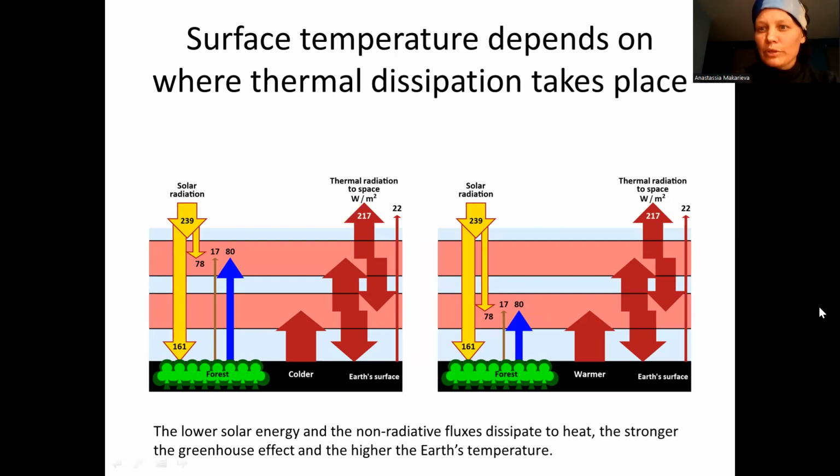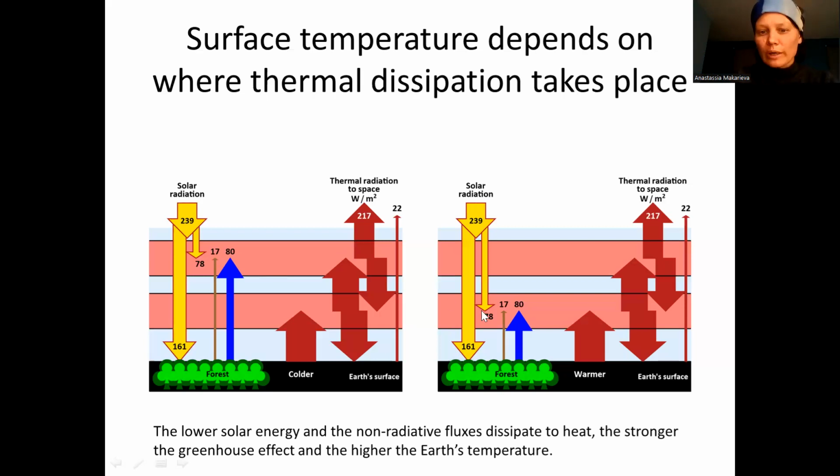the surface temperature depends on where this thermal dissipation takes place. Thermal dissipation of what? Thermal dissipation of solar radiation and of non-radiative fluxes. And so the higher they dissipate, the more they escape the interaction with the greenhouse absorbers beneath, and so the colder the Earth surface becomes.